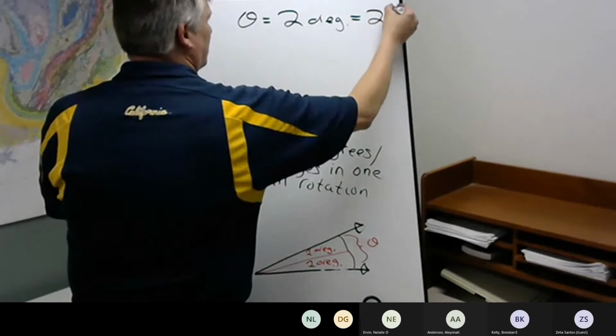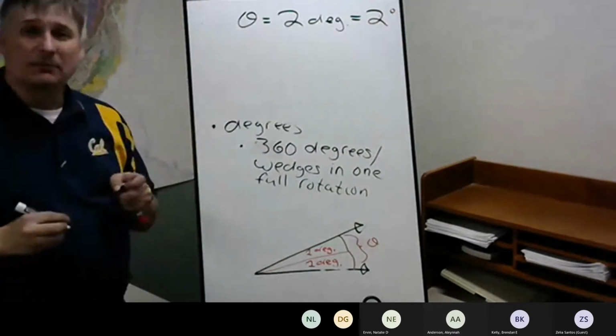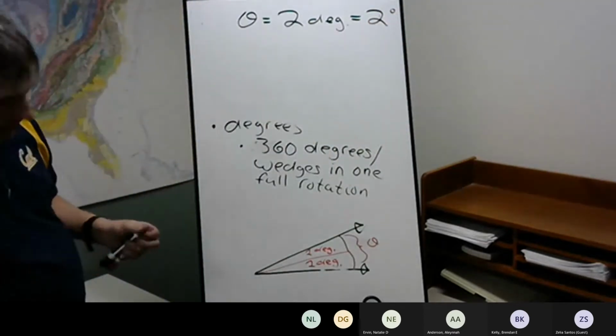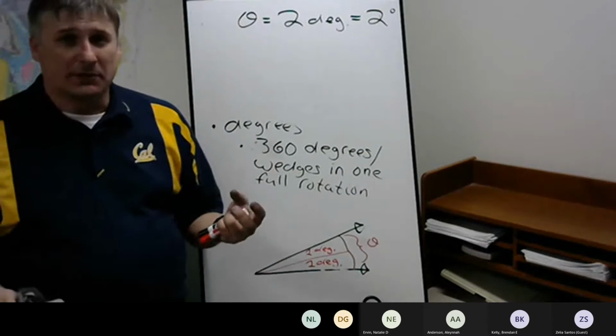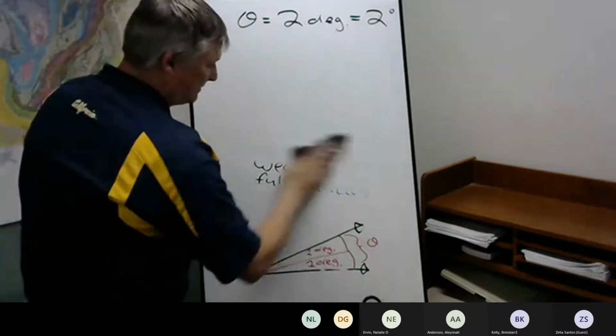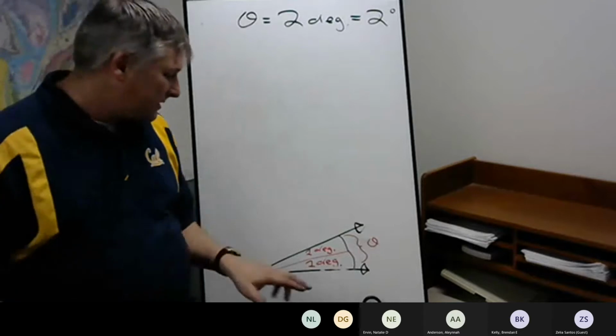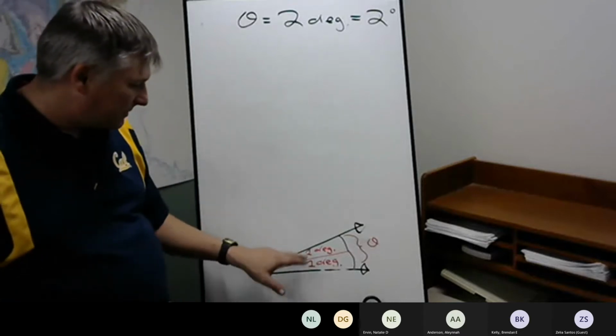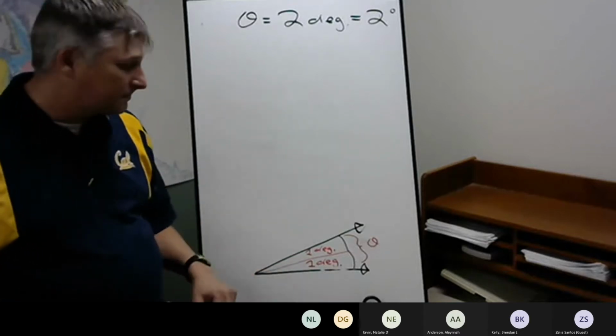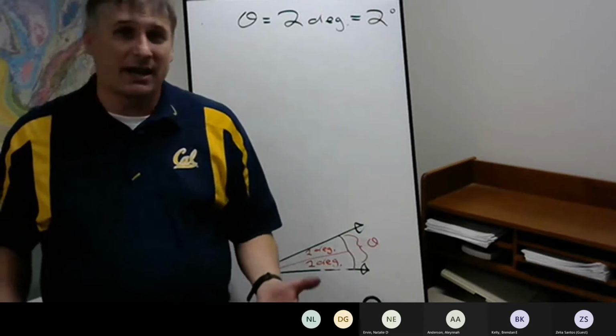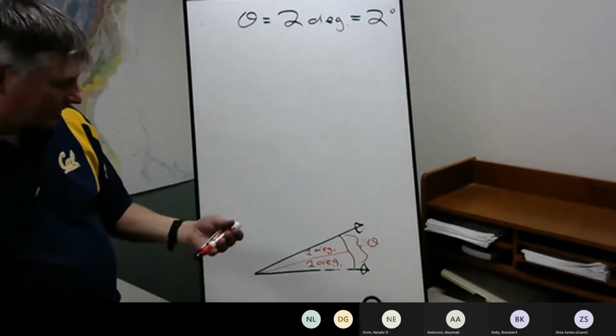Or we write it with a little degree symbol up there. So that's how we handle degrees. And these 360 wedges, and the number of wedges that fit inside your angle or inside your rotation, that's the measure of that angle or that rotation.